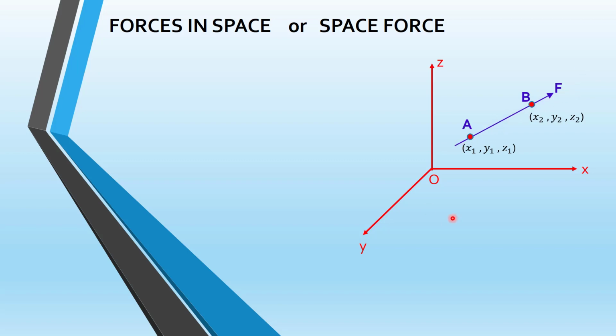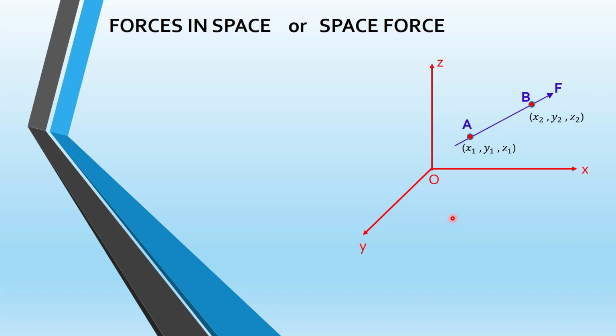Now we have already learned how to find the resultant of inclined forces lying in the 2D plane. What we did was we resolved all the inclined forces along 2 directions, one component along the horizontal direction and one component along the vertical direction. Then we found the algebraic sum of all the horizontal components.